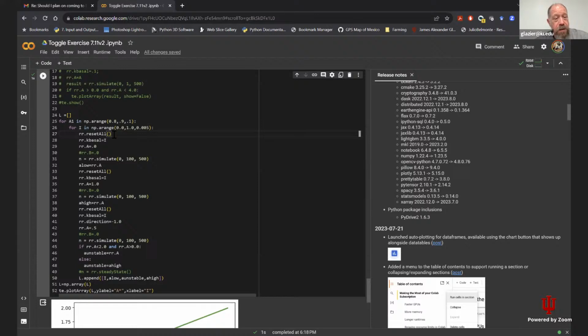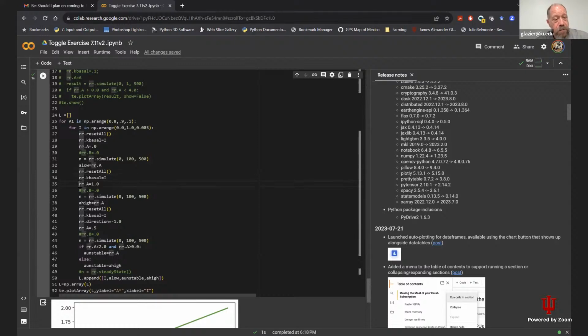I reset the value. I set K Basel equal to I. I start with a small value of A. There is no B here. I run the simulation for a while. I set A low equal to the outcome when I started with a low value. I reset my value of K Basel.